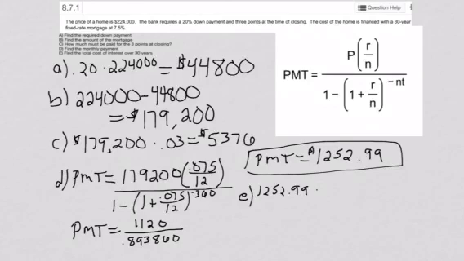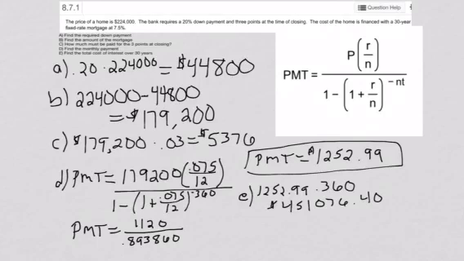So if we multiply that number by 360, that's going to tell me how many payments I'm going to have to make. And so when we multiply those two, we get $451,076.40. That is how much money total we will pay over the course of this 30-year mortgage.